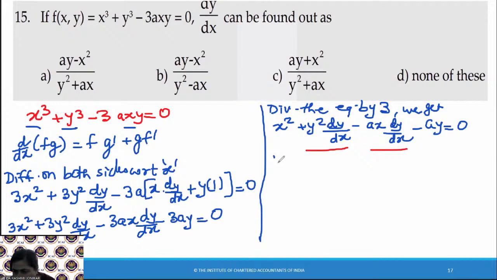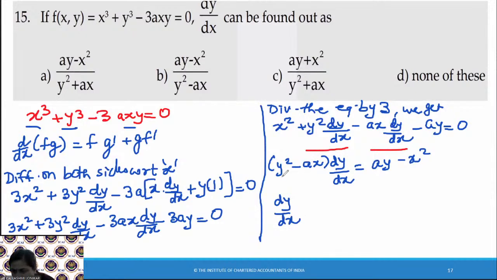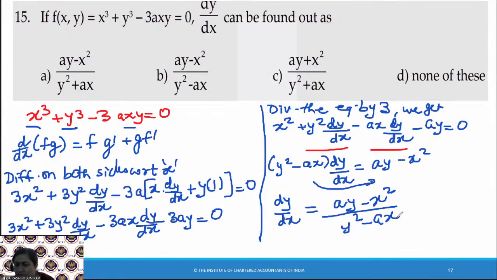So I have y square minus ax dy by dx equal to ay minus x square. So I have dy by dx equal to ay minus x square upon y square minus ax, taking y square minus ax into the denominator.